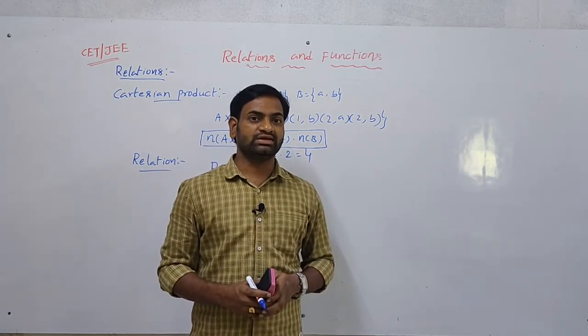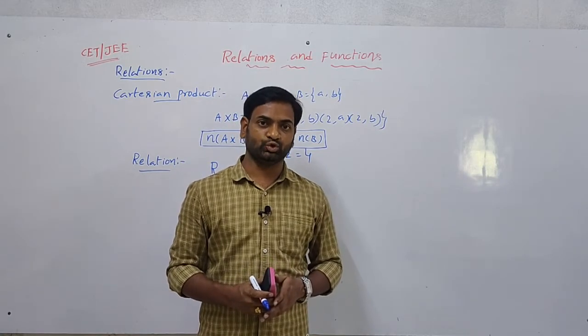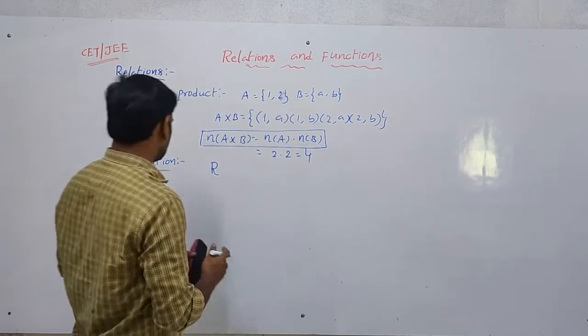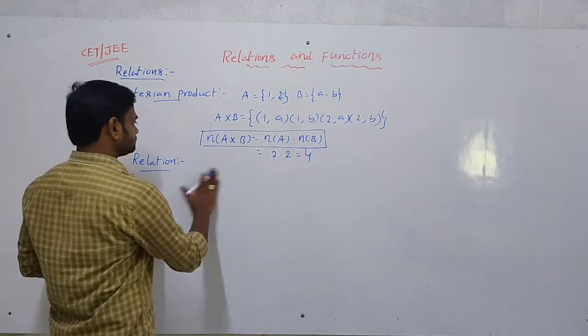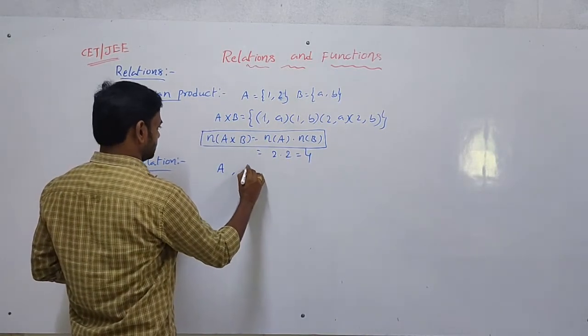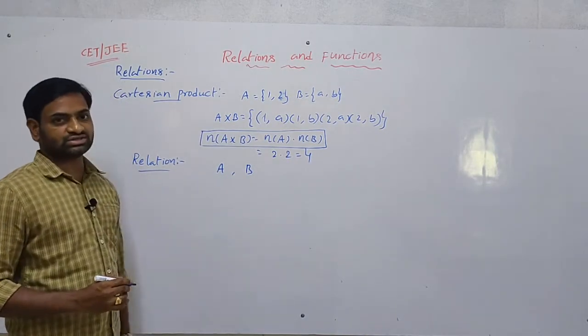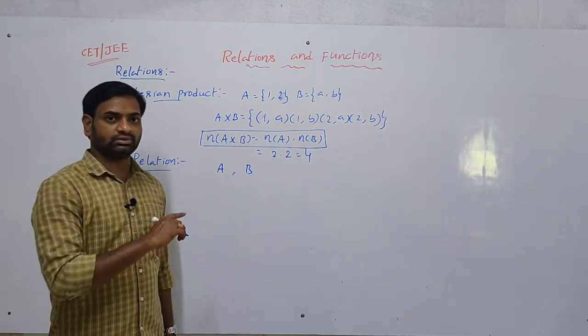Now, how many relations can we form from A to B? If I take two sets A and B, how many relations can we form from A to B?